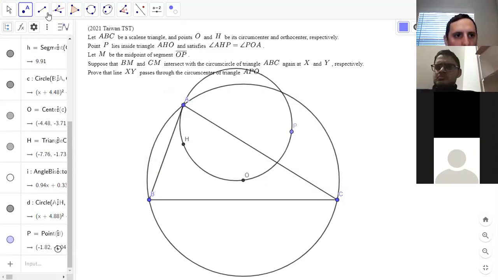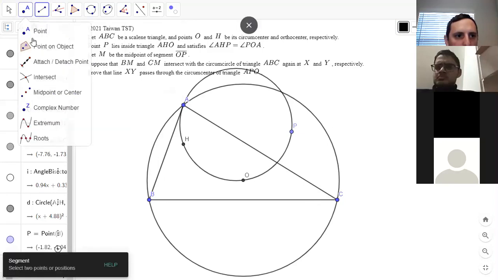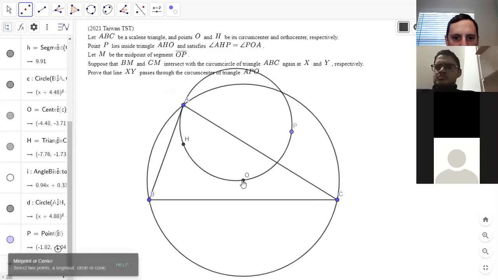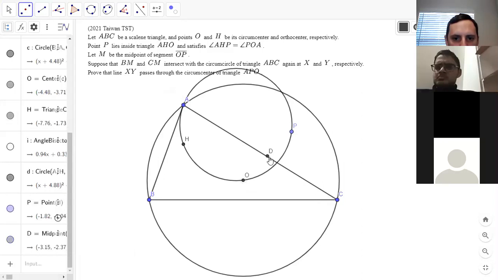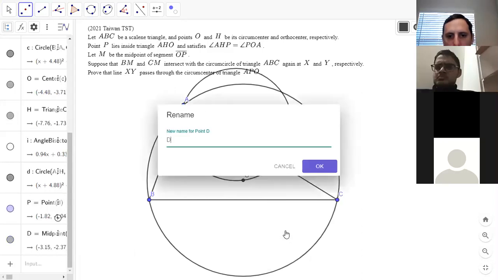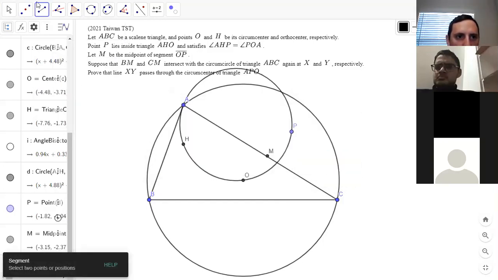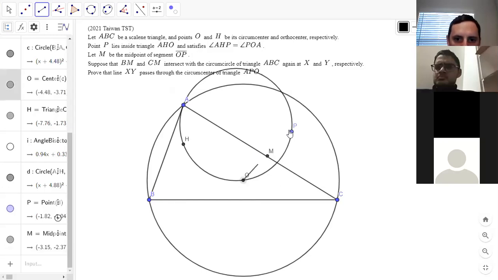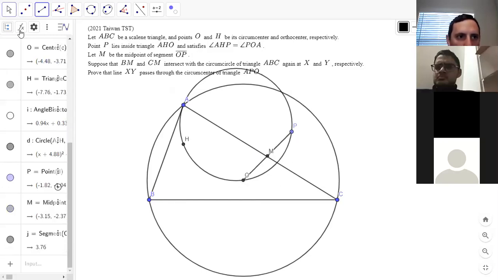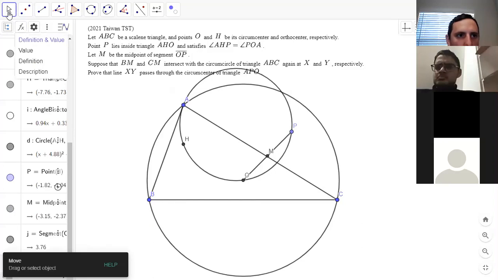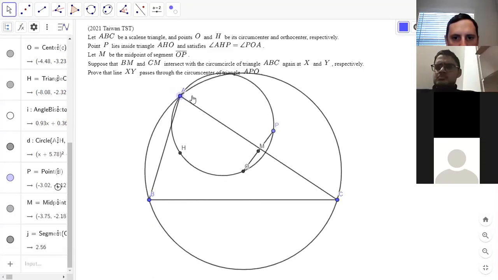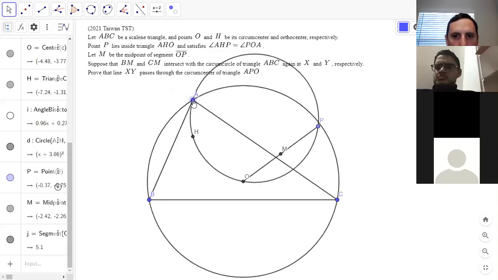And then M is the midpoint of OP. Maybe something like that.